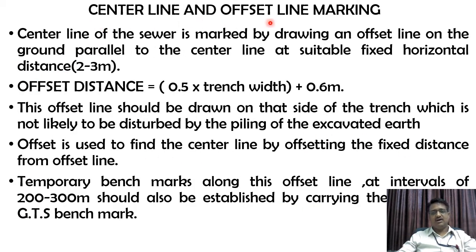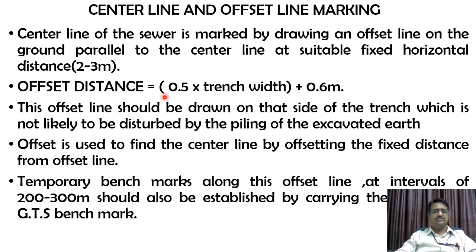Center line and offset line marking. So the first step of laying of sewer is with respect to center line and offset line marking. The center line of a sewer is marked by drawing an offset line on the ground parallel to the center line at a suitable fixed horizontal distance, that is 2 to 3 meters.